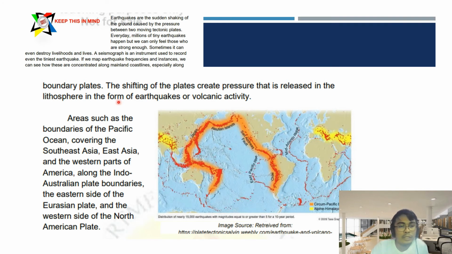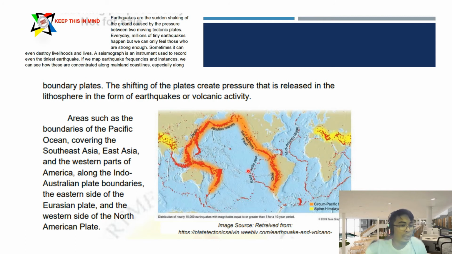Now, areas such as the boundaries of the Pacific Ocean, okay? So, where is the Pacific Ocean here? This part, this part, right? Where is the Philippines here? Okay, this part. Okay, these are the Pacific Ocean.